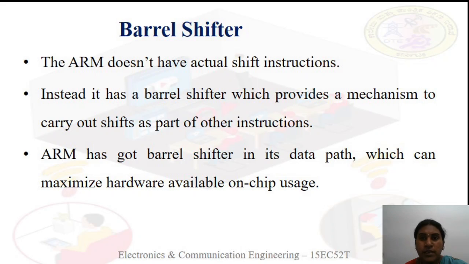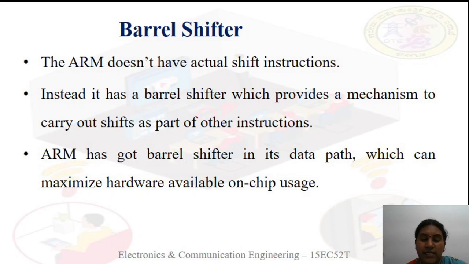If we want to do some shifting operations, how do we do it in the ARM controller? For that, they introduced one mechanism, one device, and using that they perform these shifting operations in our ARM processor. What is that mechanism? It is nothing but a barrel shifter.